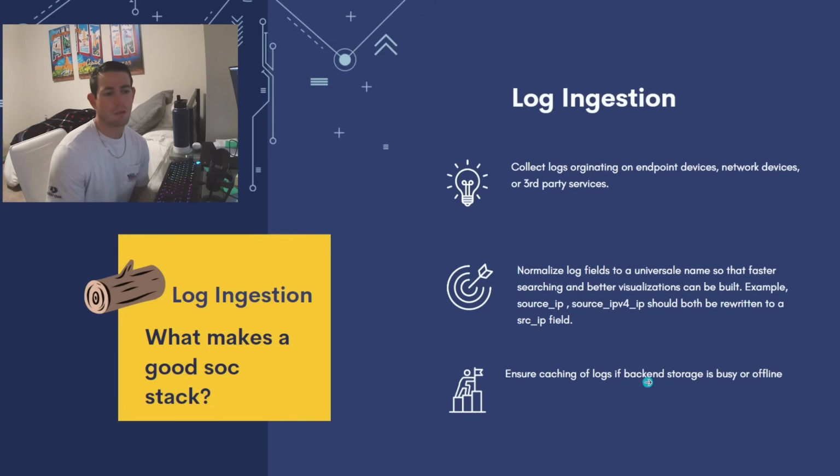We then also need a way for us to ensure the caching of logs if storage is busy. Our backend storage throughout this series is going to be Elastic, but let's say, for example, Elasticsearch is down for whatever reason.